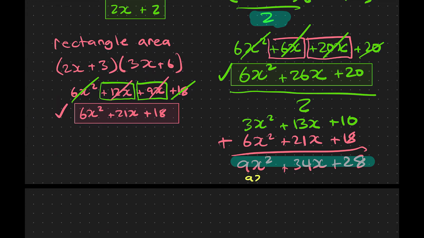This is going to be an ax squared plus bx plus c. So basically that 9 is my a. So a is equal to 9. B is equal to the 34, and it's a positive 34 as indicated by the positive sign in front. And the c is 28.